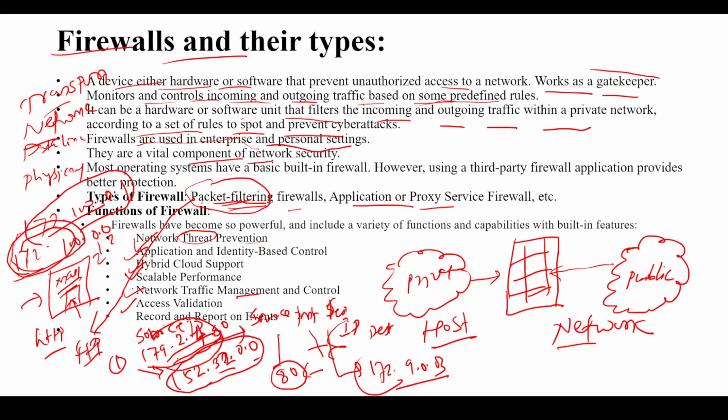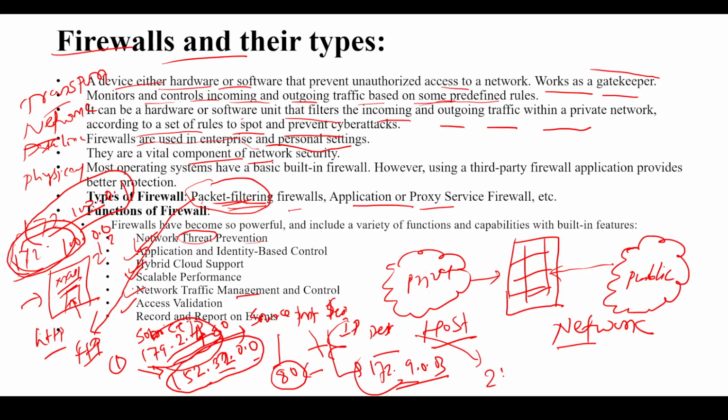For example, one packet is coming from another IP address and the port number can be anything. But if the destination IP address is this one, packet filtering firewalls directly block that particular data. What about the destination port?